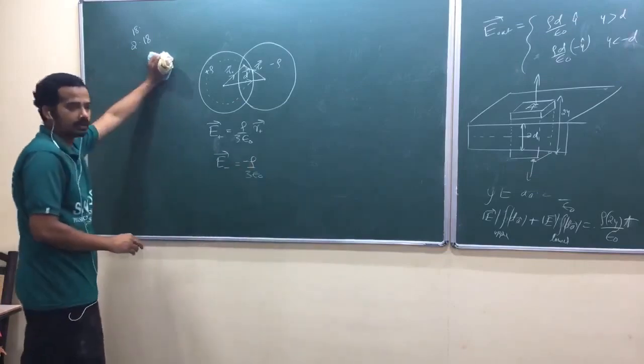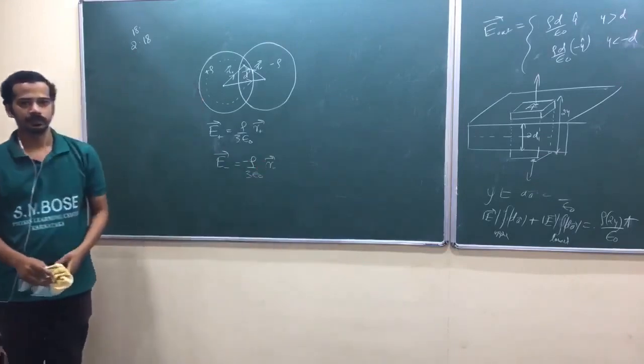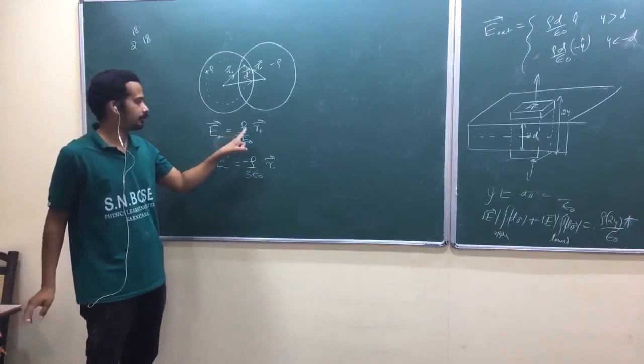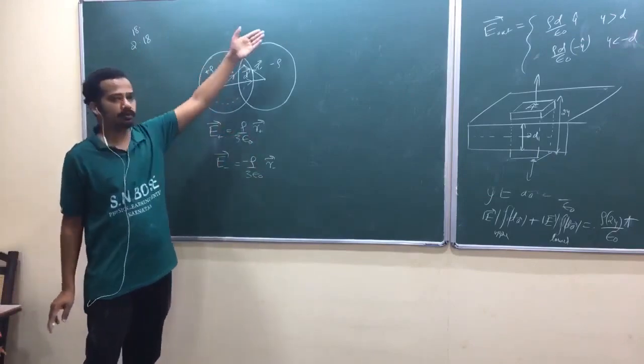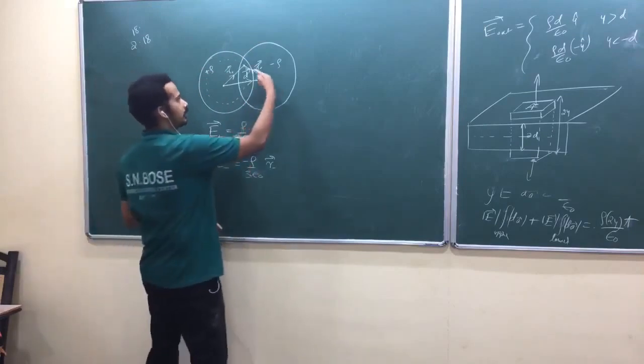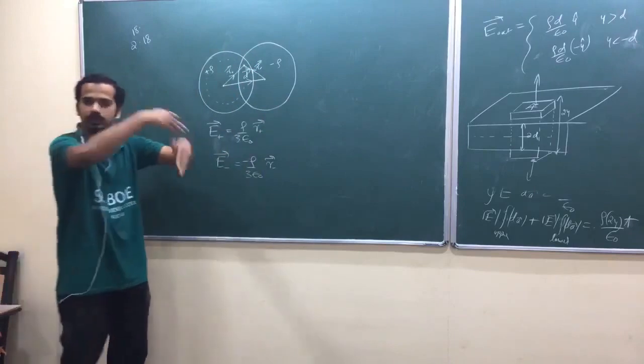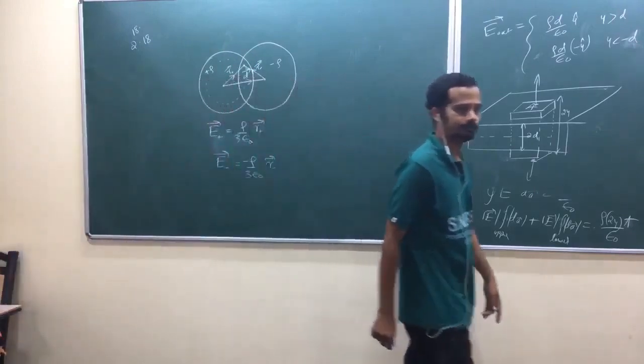Exactly the same, only the charge density is negated, times r minus vector. Now look here: since this rho is positive, this electric field is outward, isn't it? Since this rho is negative, this r minus I have taken outward, so minus of r minus is inward. Obviously, if you have negative charge, the electric field should be inward.